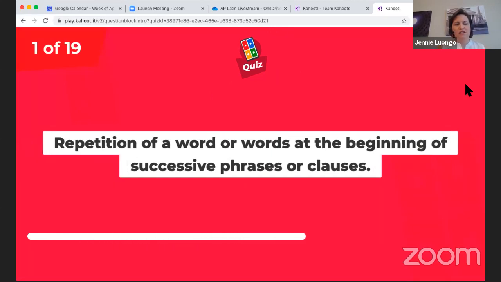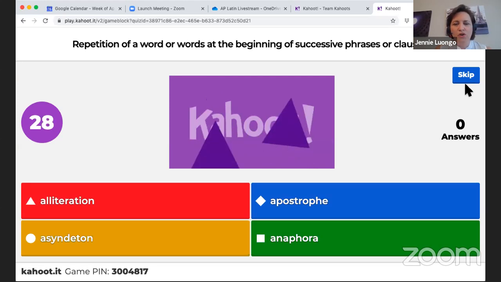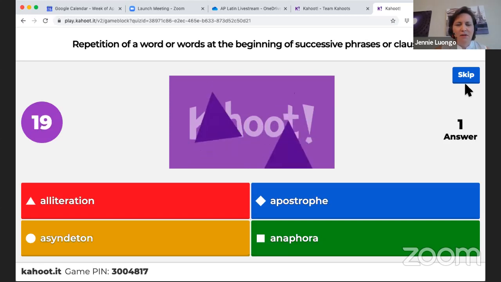So first question, and these are going to go fast today. Repetition of a word or words at the beginning of successive phrases or clauses. So you're looking for one where an entire word or maybe multiple words is repeated. Some of you, because of the lag, may be just now getting the question, and you have 10 seconds left.